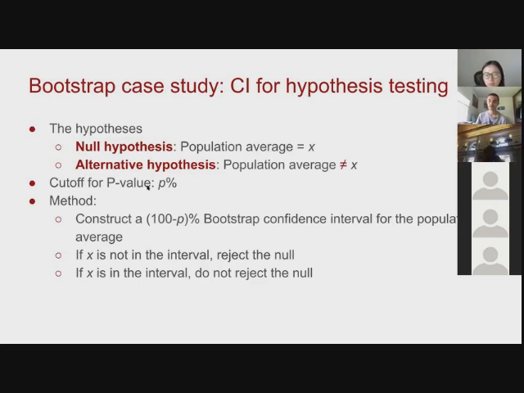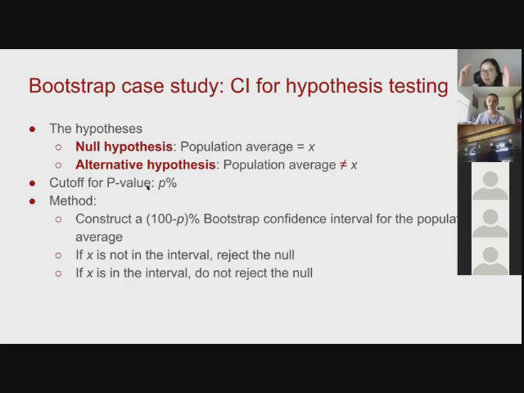Similarly, for the confidence interval approach, I still get the histogram from the bootstraps. And instead of computing what is more extreme than my x, I'm computing an equivalent to the cutoff point, like the 100 minus p% confidence interval, and I'm going to check if my x value is in it or not. Remember, if I'm doing a 95%, it's the middle 95%.